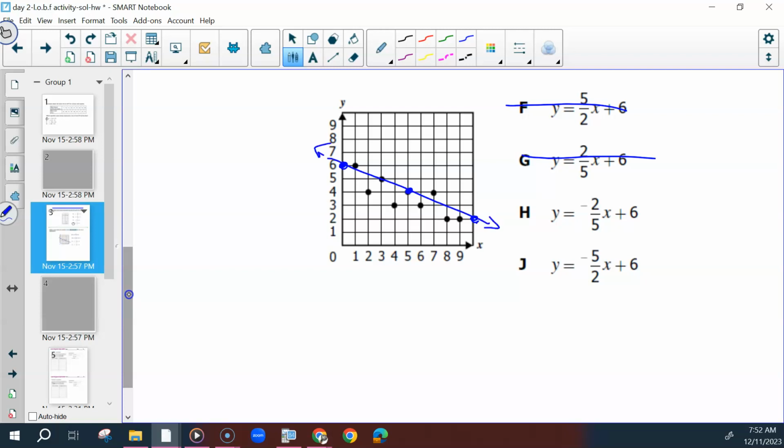That looks like all the points surround it, but do J gives the double effect. So that one also starts at 6, but it's going down 5 to the right 2. Where the points are not being surrounded.